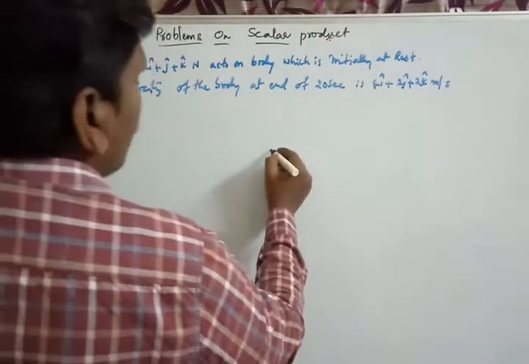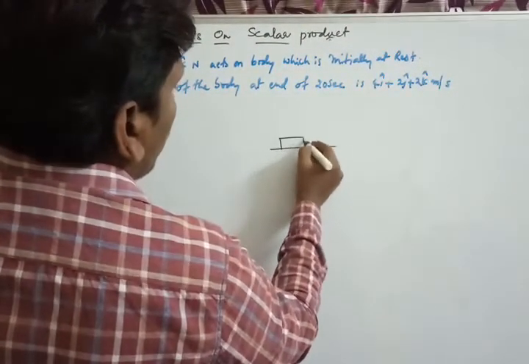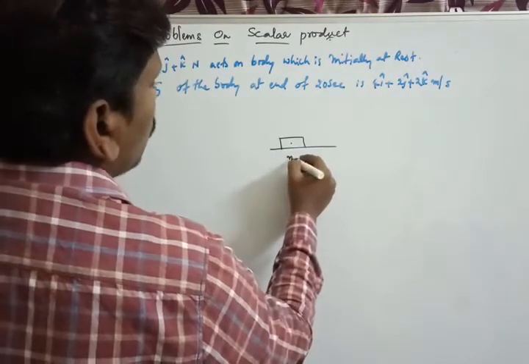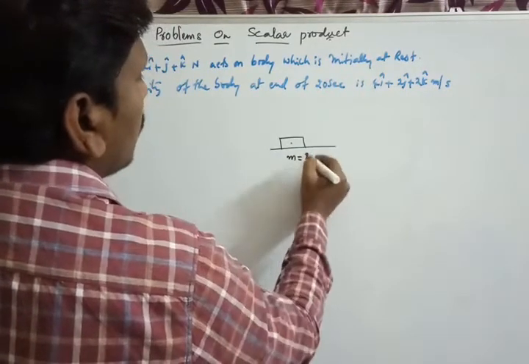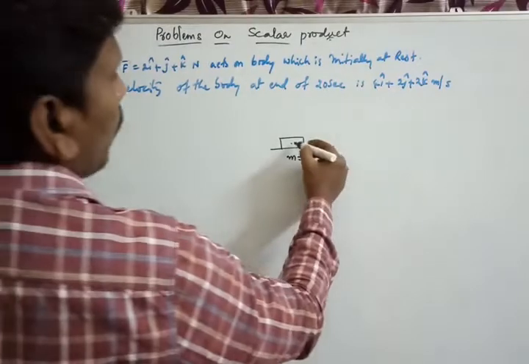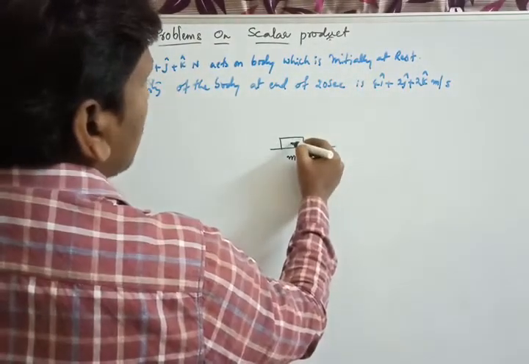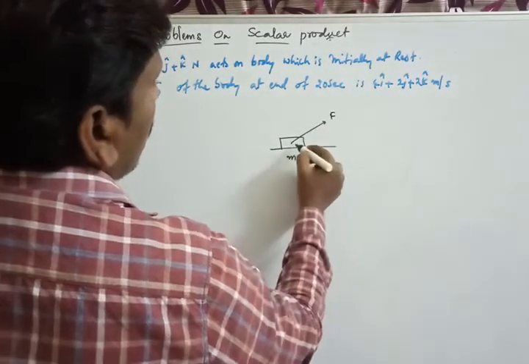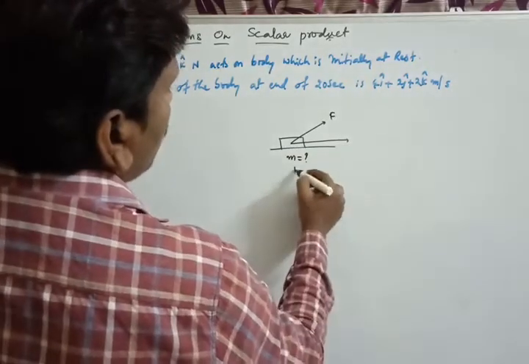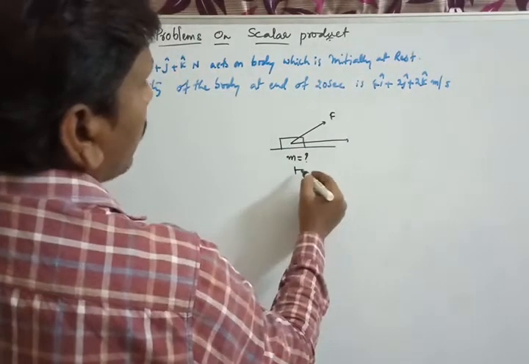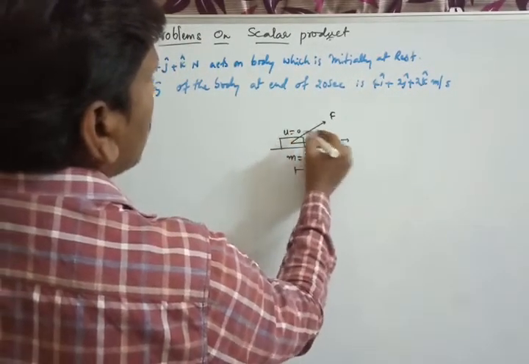Now let us consider a body whose mass is m, that we need to find out. The force is applied here, then the body moves through a displacement. Initially it is at rest.